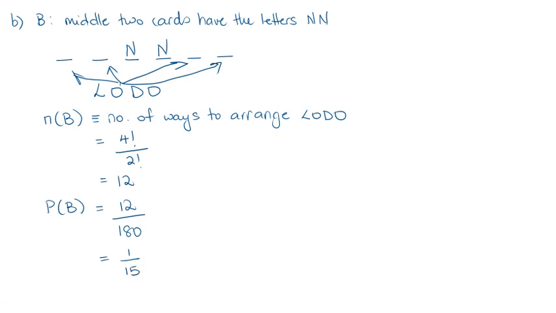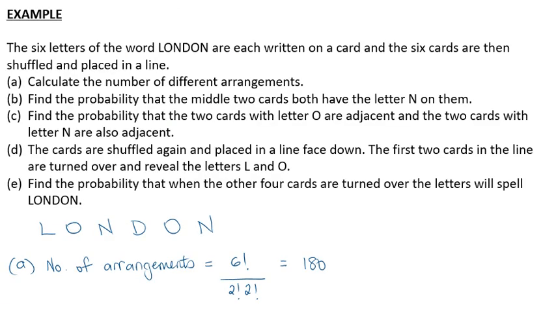C says, find the probability that the 2 cards with letter O are adjacent and the 2 cards with letter N are also adjacent. And adjacent here means together, beside each other. So we're looking for the 2 cards with letter O to be together and the 2 cards with letter N to be together.